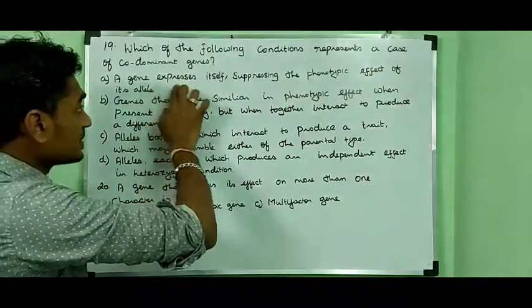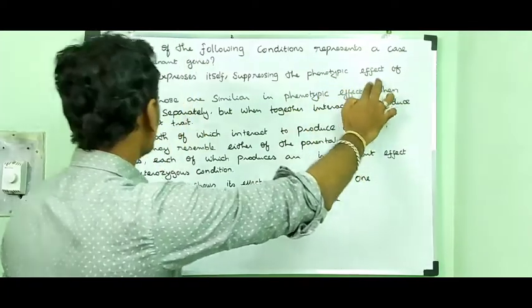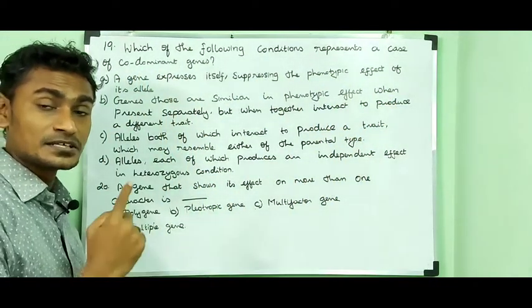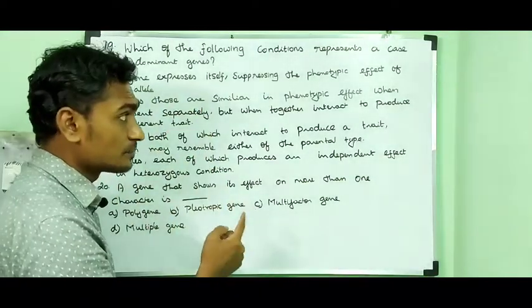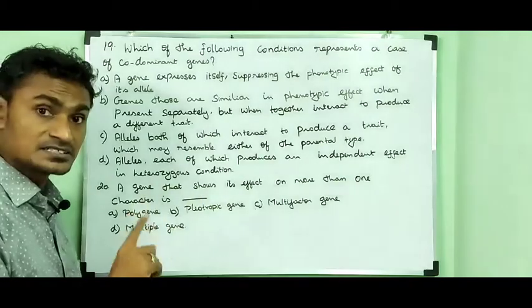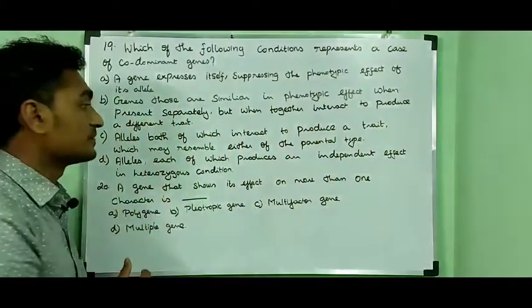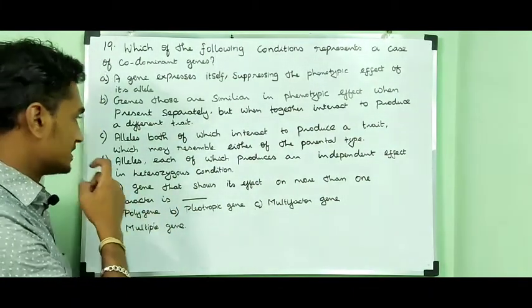A gene expresses itself suppressing the phenotypic effect of its allele; that gene is called an epistatic gene. Genes that are similar in phenotypic effect when present separately, but when together interact to produce a different trait, are called complementary genes.